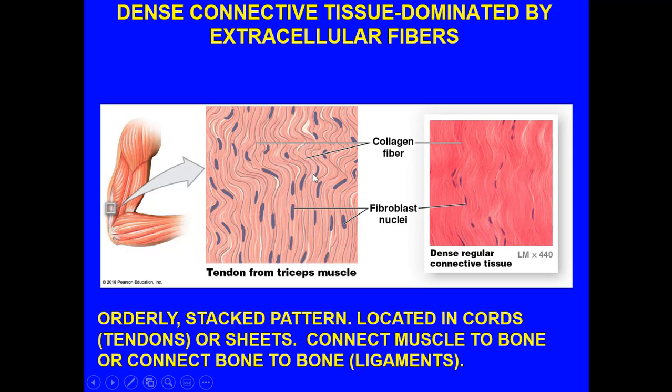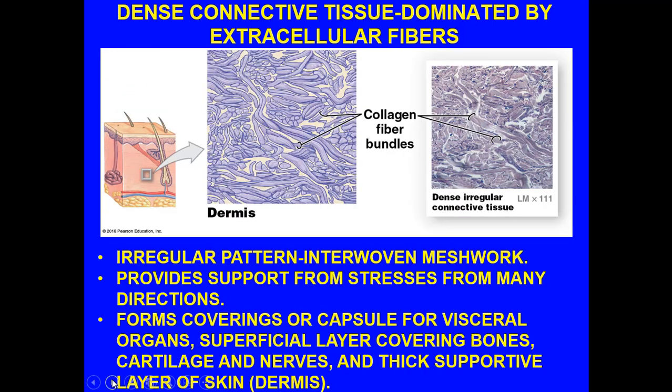Notice the waviness, yet the stackedness right next to each other, all along the same plane. This is from a tendon, okay? So this would be dense, regular connective tissue, an orderly stacked pattern, located usually in cords, what we call tendons, or sheets, connecting muscle to bone, or bone to bone when we talk about ligaments. Very, very strong, but usually in one direction or one axis only.